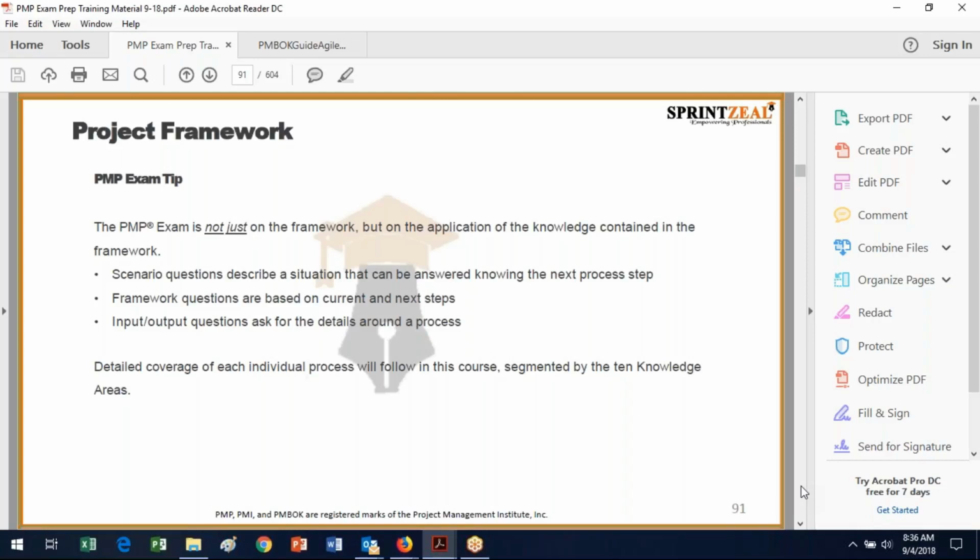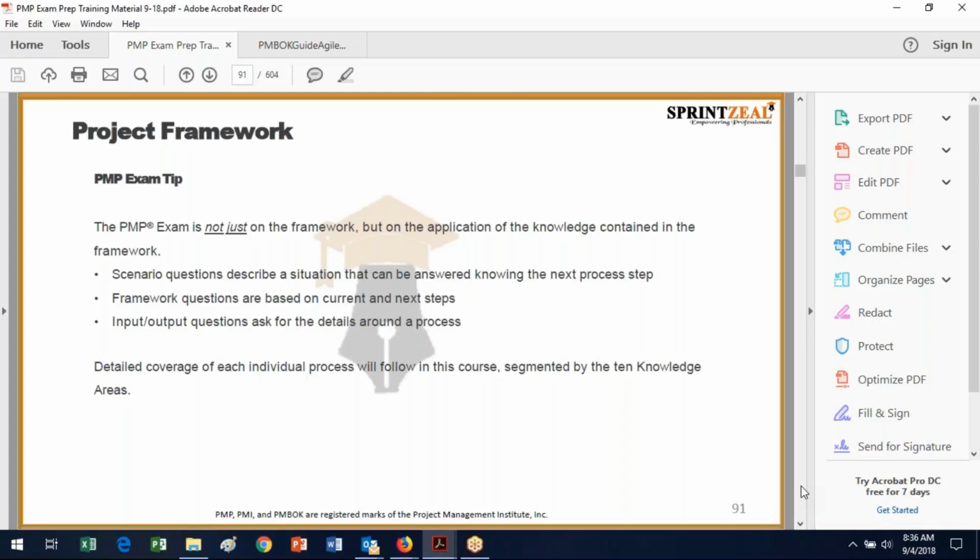So this includes a wider realm of things that you've just done in your life, things like Lean Six Sigma or Agile development. So again, there'll be scenario questions, framework questions, and input-output questions that solicit different kinds of answers.